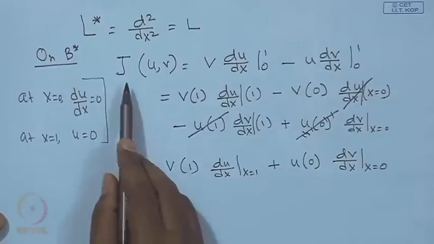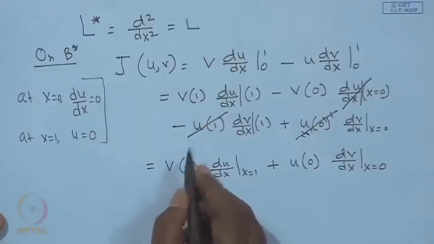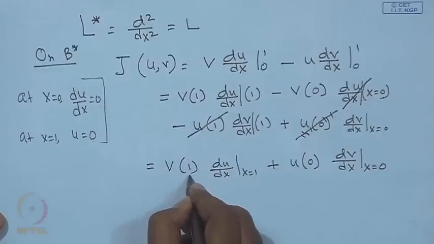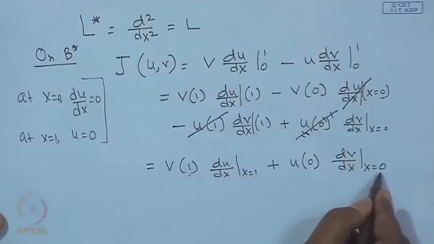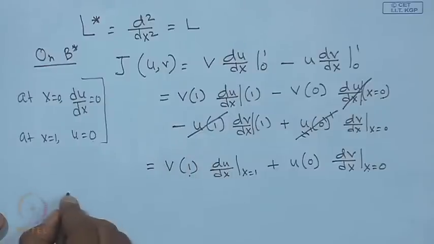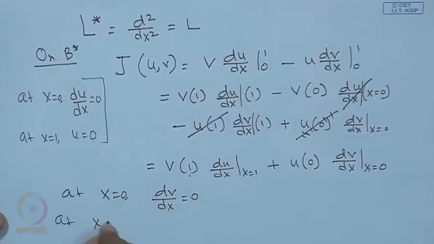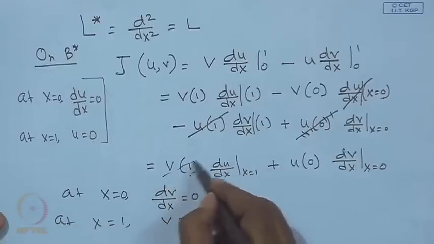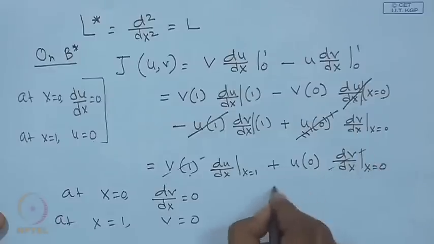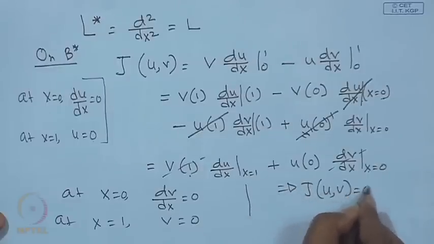Therefore, in order to force the bilinear concomitant term to vanish, v at x equal to 1 must be 0 and dv/dx at x equal to 0 must be 0. If we select dv/dx equal to 0 at x equal to 0, and v equal to 0 at x equal to 1, then both terms of the bilinear concomitant will vanish, giving J(u, v) equal to 0.